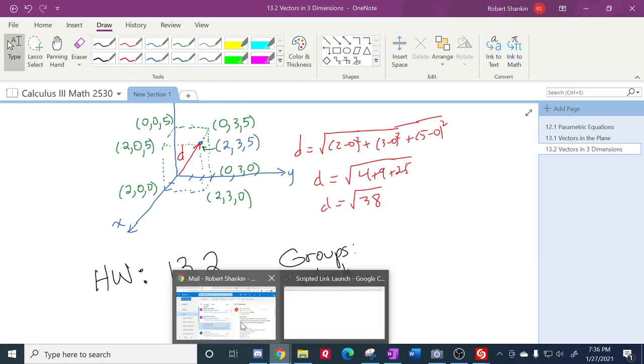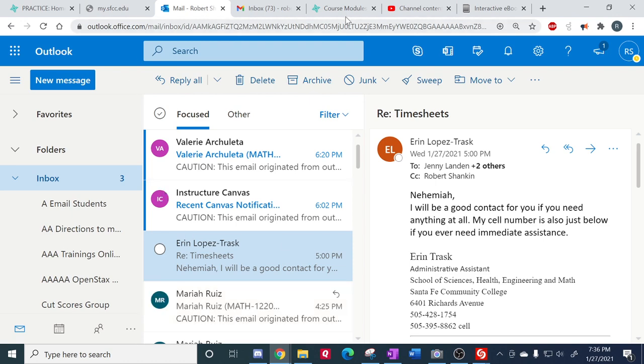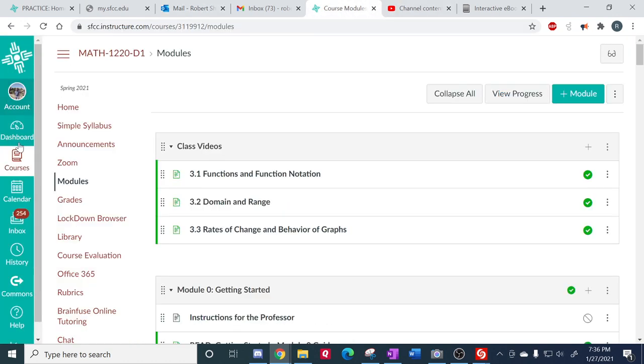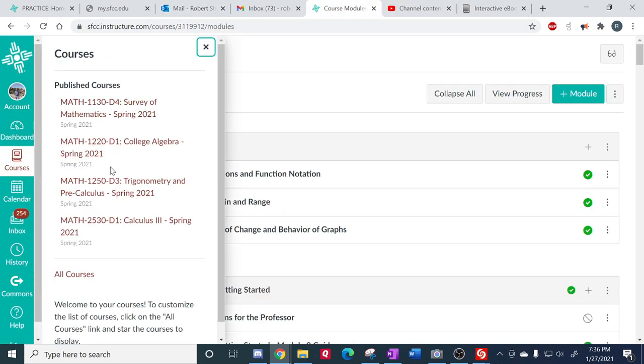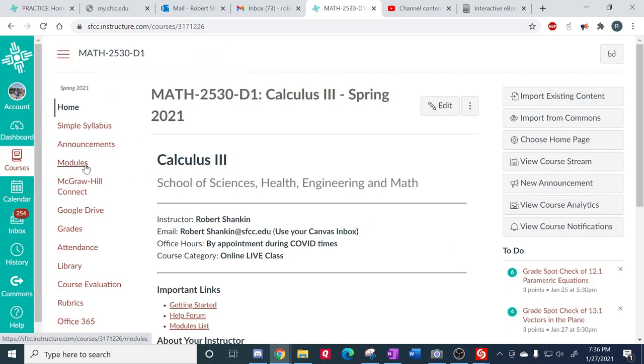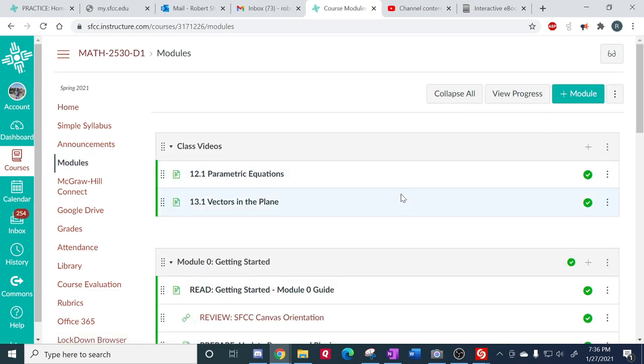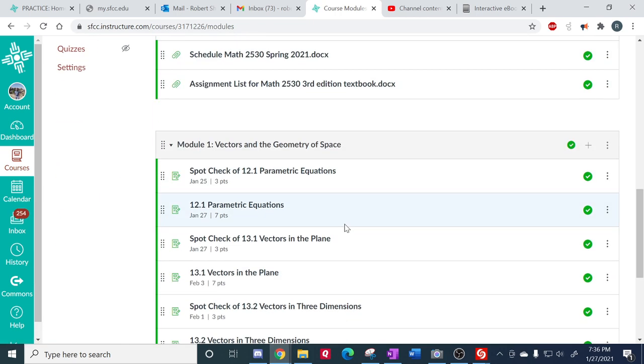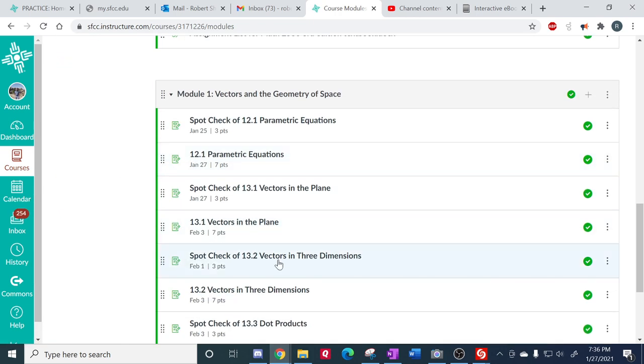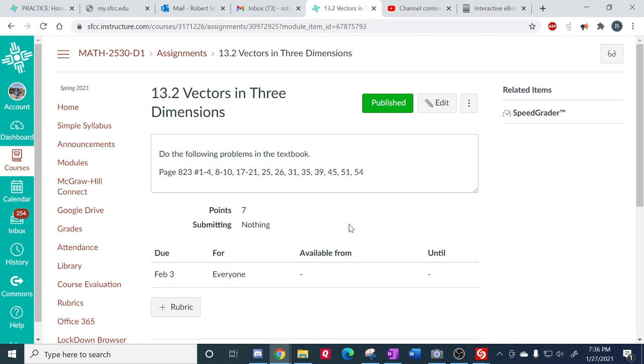Let's look at the homework modules. 13.2, vectors in 3 space, vectors in 3 dimensions.